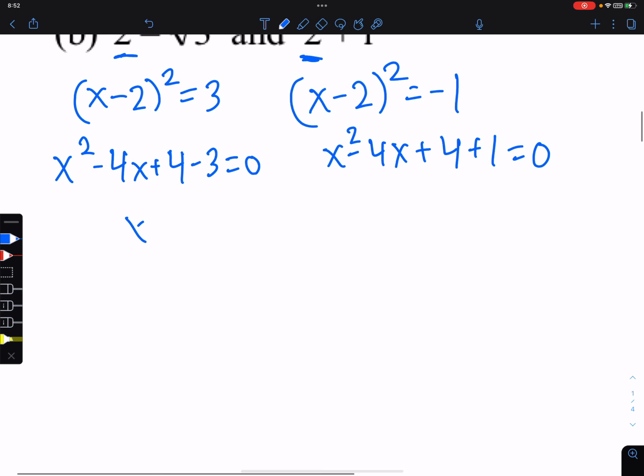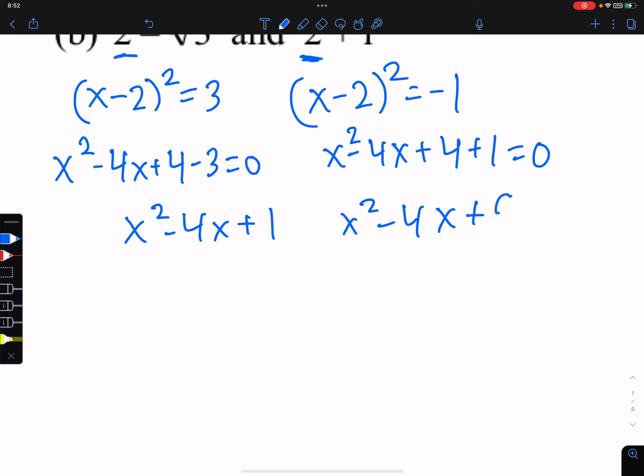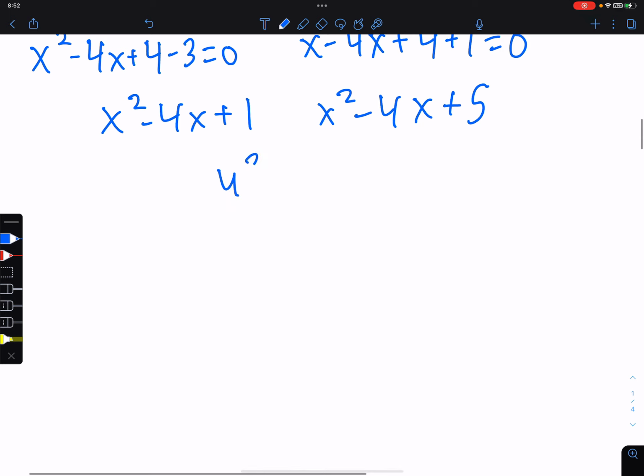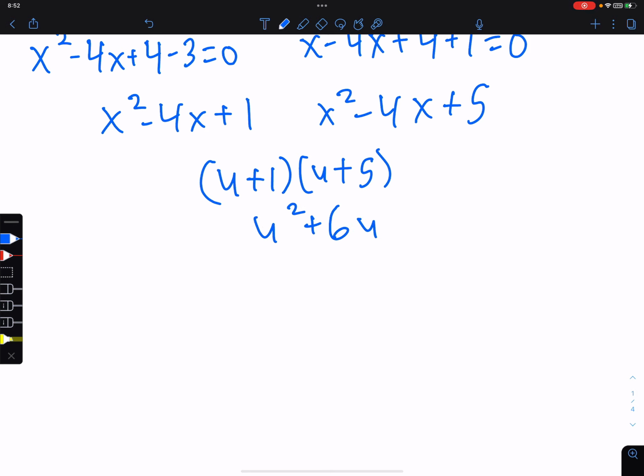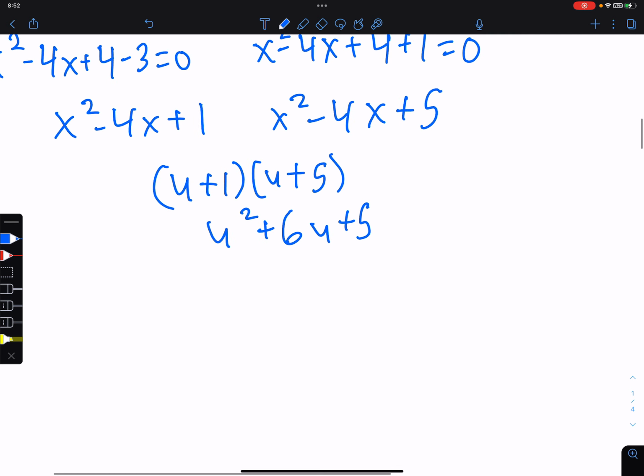So x squared minus 4x plus 1 and x squared minus 4x plus 5. I know that that's going to be u plus 1 times u plus 5, so u squared plus 6u plus 5. Squaring x squared minus 4x, that's going to be x squared times x minus 4 squared.